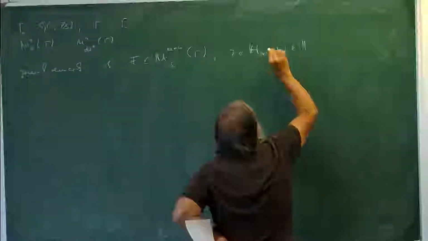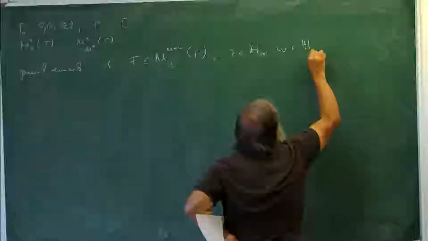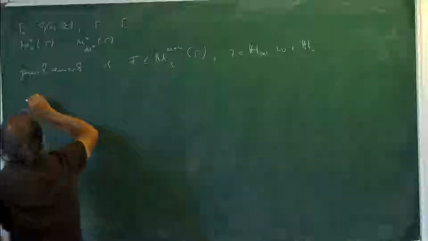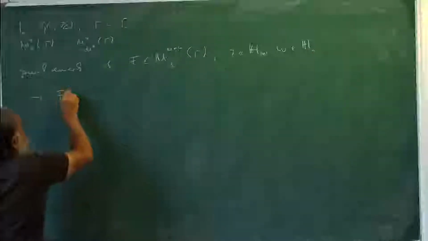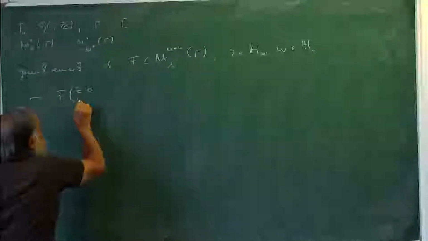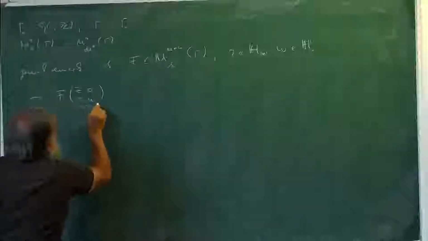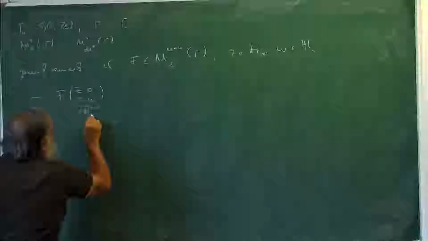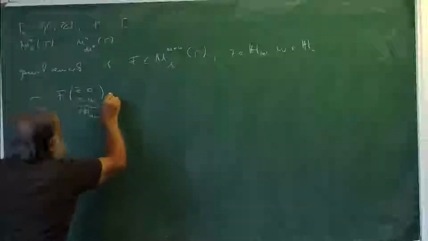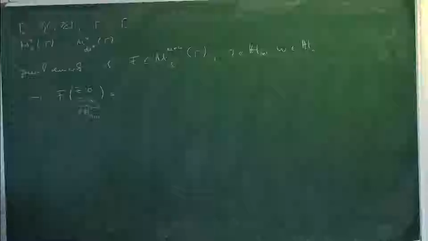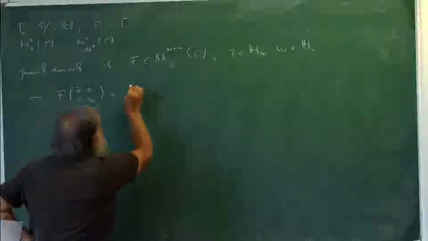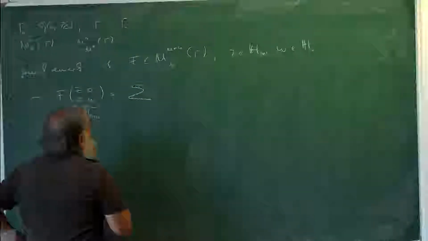Now M, now this is in H M plus N, then I already used tacitly that this is an element of the tensor product of the spaces of modular forms in n and m variables. More precisely, we can write it in this way.